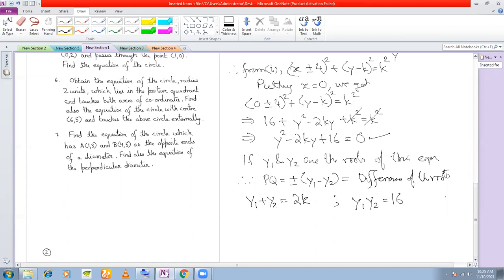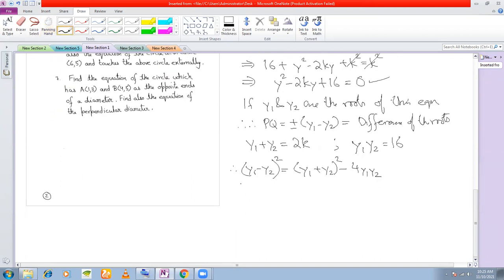So (y1 − y2)² = (y1 + y2)² − 4y1y2, which is (2k)² − 4 times 16.